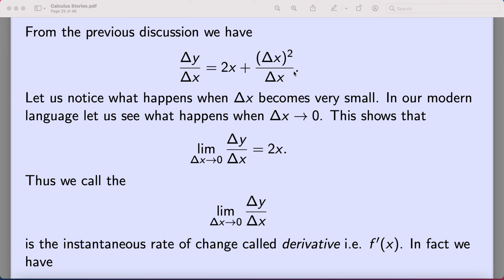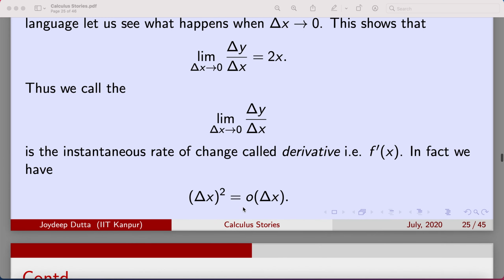But when the value of x is below 1, the graph of x is above x squared. So delta x squared is coming to 0 faster than delta x, and that is why delta x squared is a small o of delta x quantity, the one we had discussed.